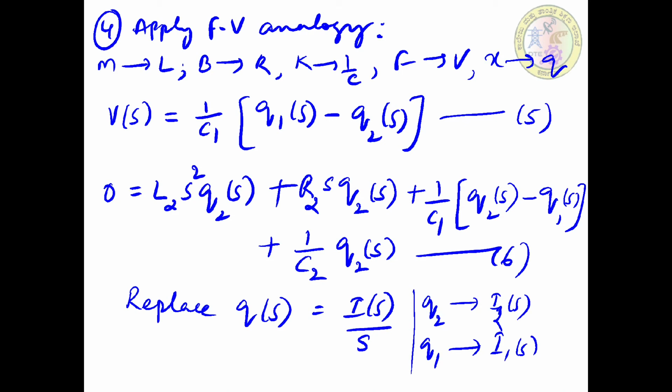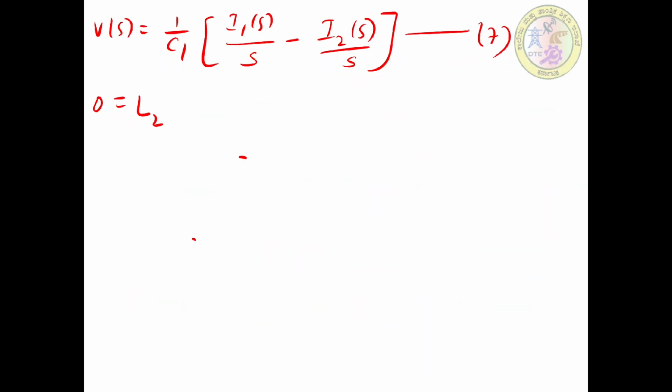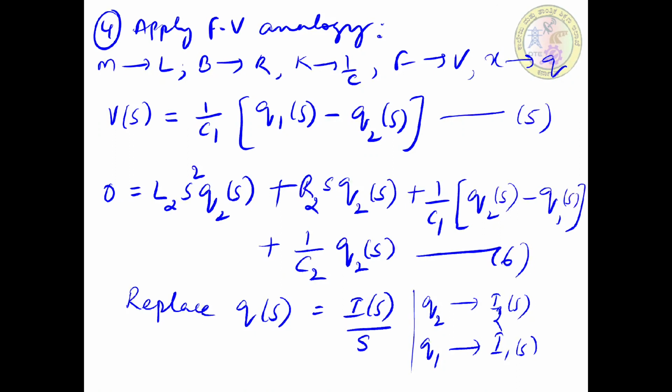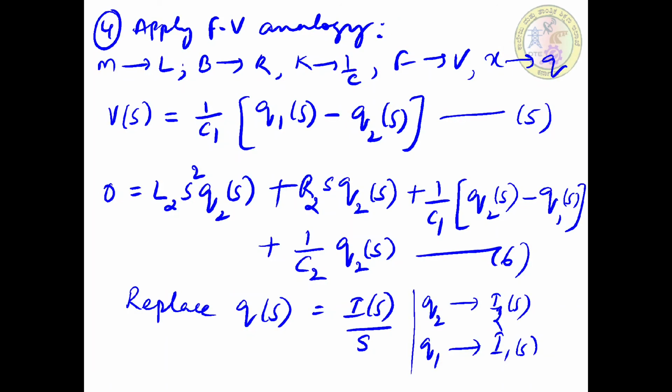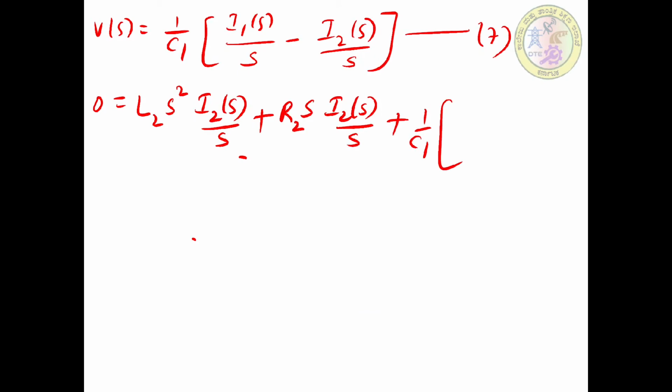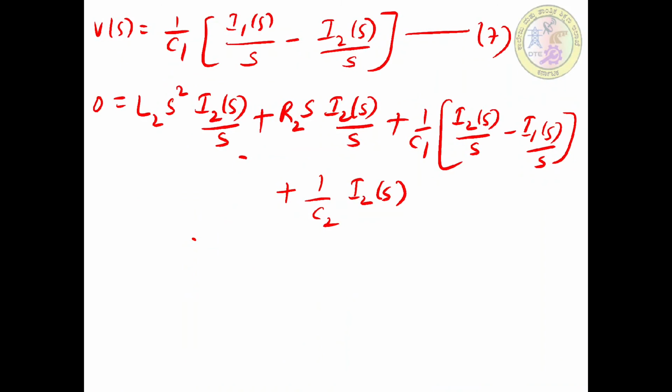So L2 s² into I2(s)/s. Then R2 into s, so R2 s as it is, into I2(s)/s, plus the next term, 1/C1 into Q2 minus Q1, so here I2 minus I1 over s, plus the last term 1/C2 into Q2(s), which will be replaced by I2(s)/s.